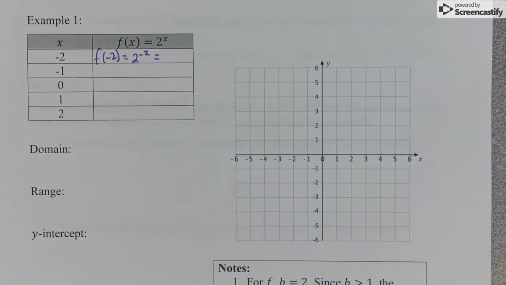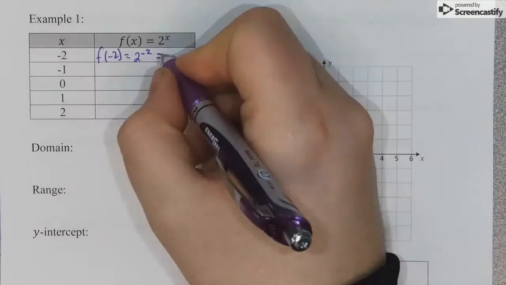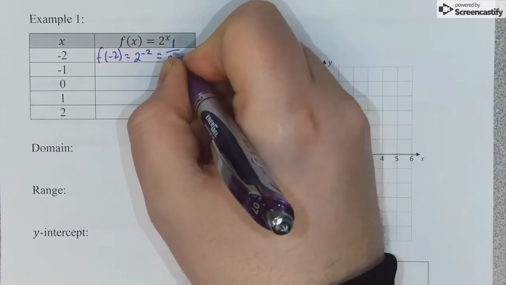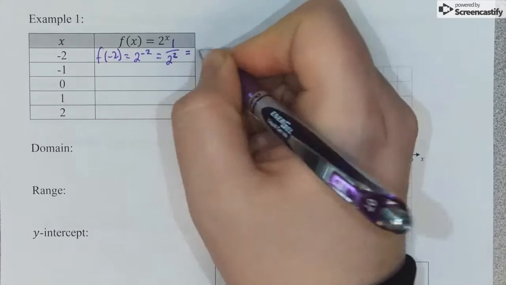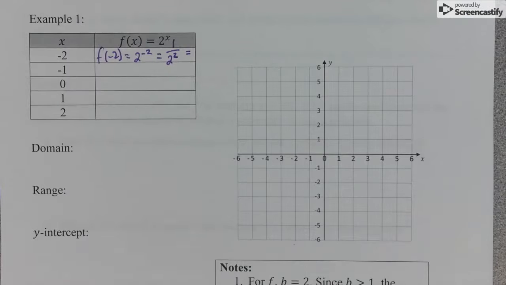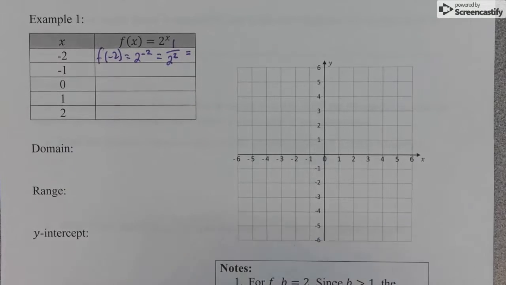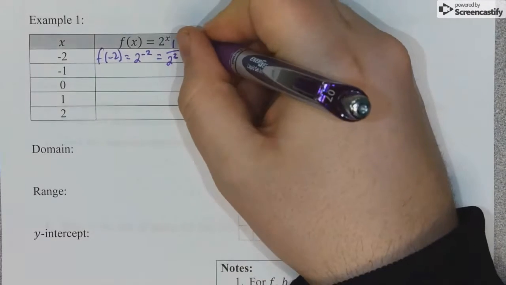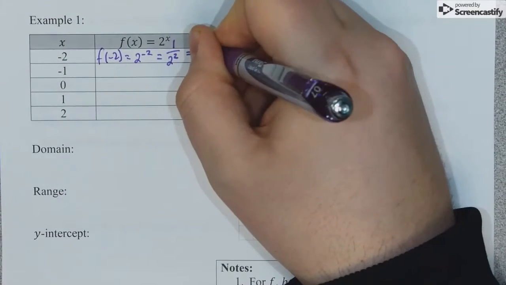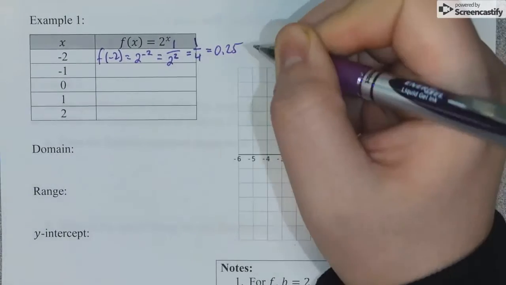So the reciprocal of 2 to the negative 2 is 1 over 2, and now it becomes a positive 2 in the exponent. So taking the reciprocal makes your exponent positive or negative. In this case, it makes it positive because our exponent was negative. So 1 over 2 to the power of 2, 2 to the power of 2 is 4. So this is 1 over 4, which is 0.25.